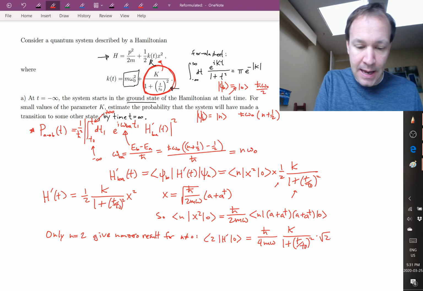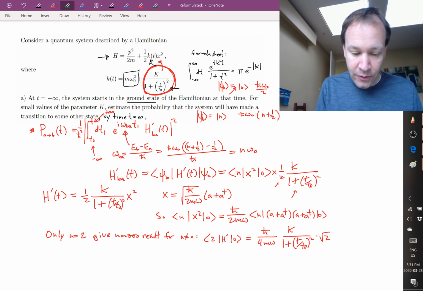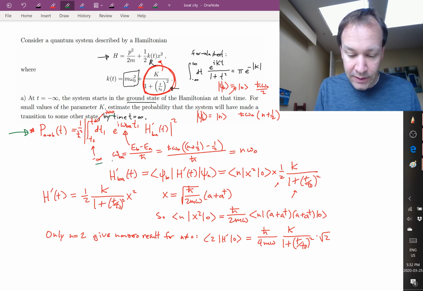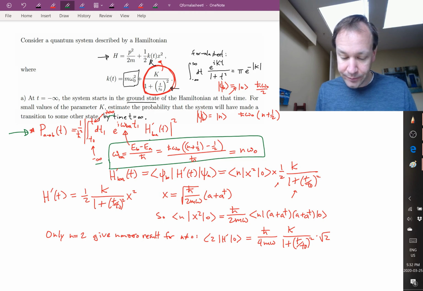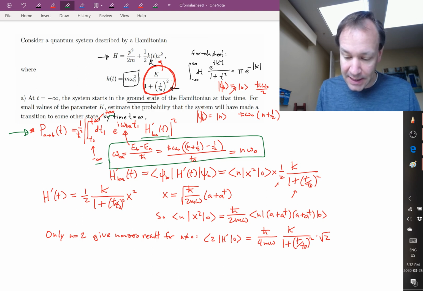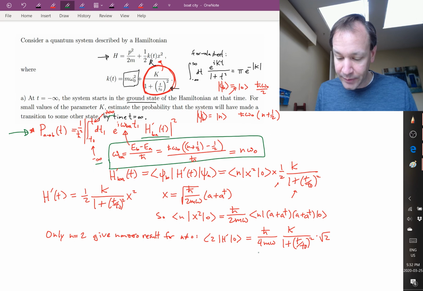Okay, so let's have a look. We're going to use our expression here. We've understood the limits of integration. We've understood that omega BA is equal to n omega 0, and we've understood that h prime BA is going to be this expression right here.